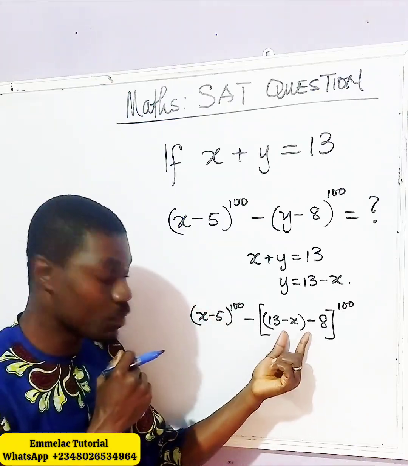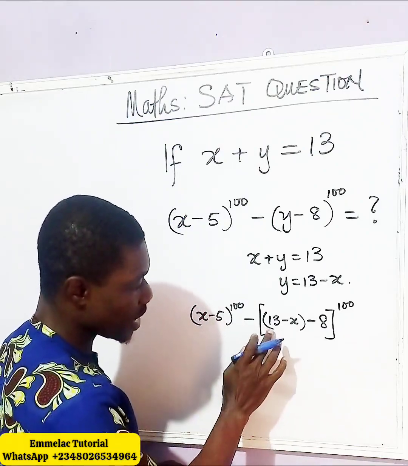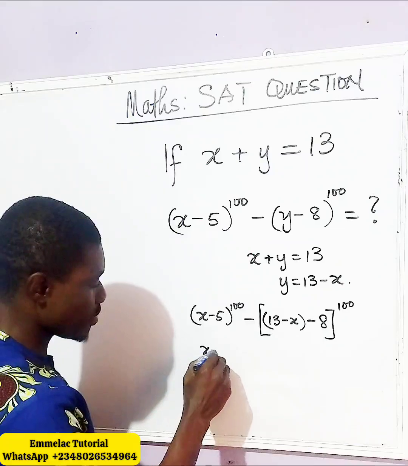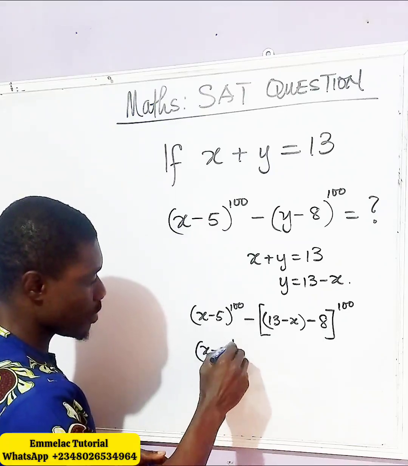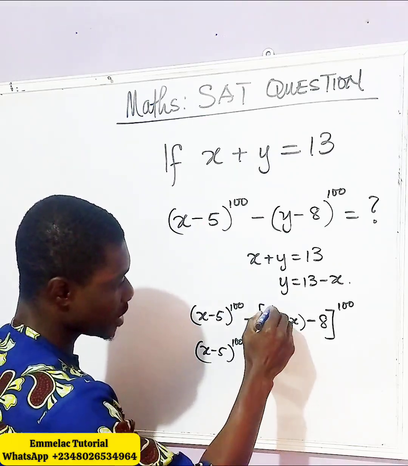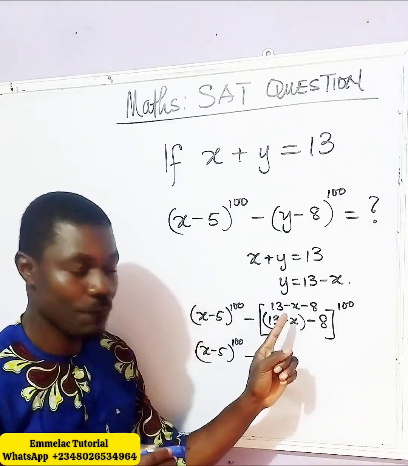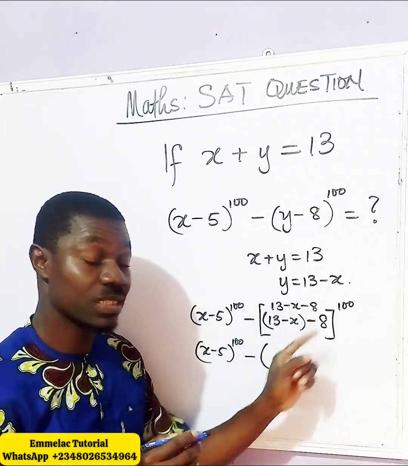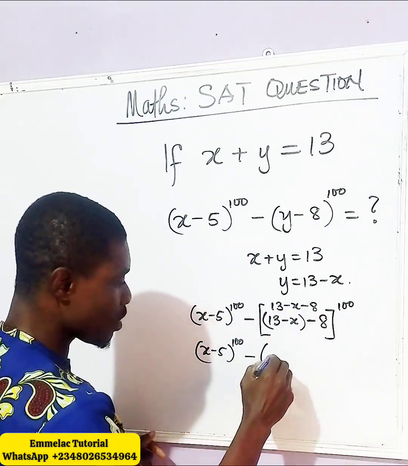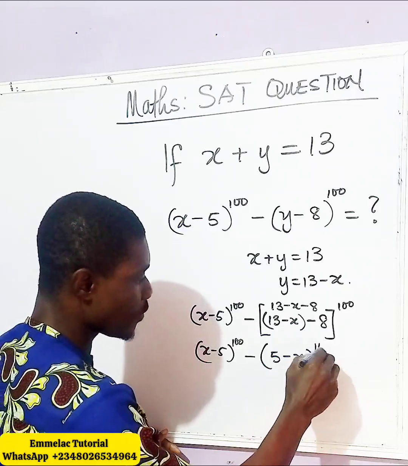If you open this bracket, you have 13 minus x minus 8, and 13 minus 8 gives us 5. So here you have 5 minus x, all raised to the power of 100.